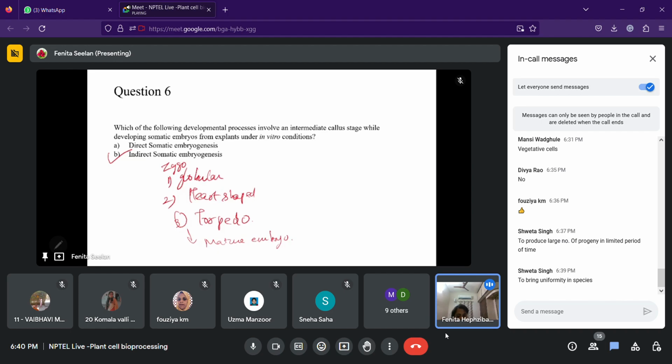Then, as many of you were talking about synthetic seeds, what are synthetic seeds? How do you make synthetic seeds?